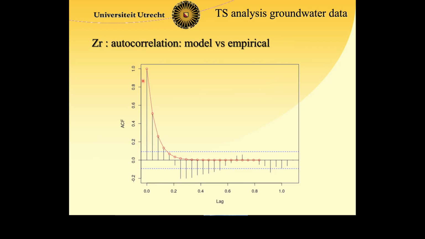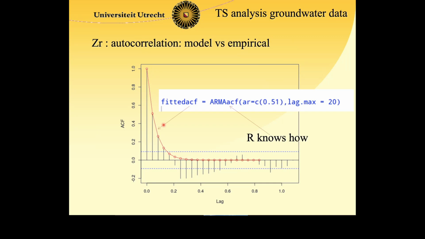Now this is the theoretical autocorrelation that is plotted over the empirical one. We can do that by first plotting the empirical one that we did before. And then you plot the fitted ACF, that's the object that we call it.